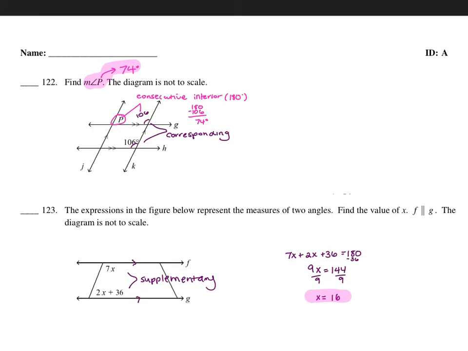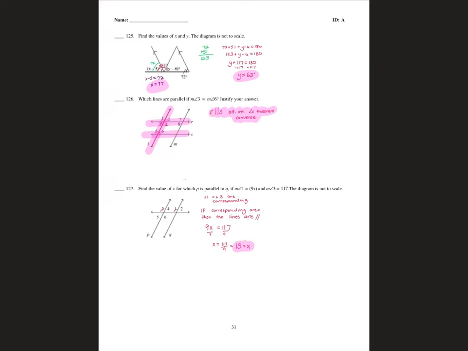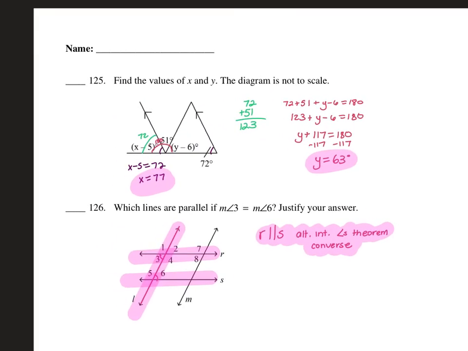In 123, you've got consecutive interior, which means they're supplementary. 125, again, parallel lines. So you've got corresponding angles here and here. Those would be equal. And then these 3 add up to 180. So once you found the x, you can plug it back in.